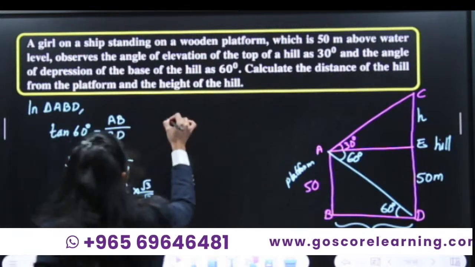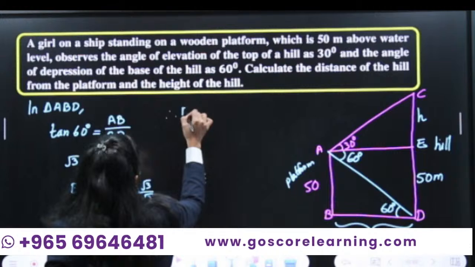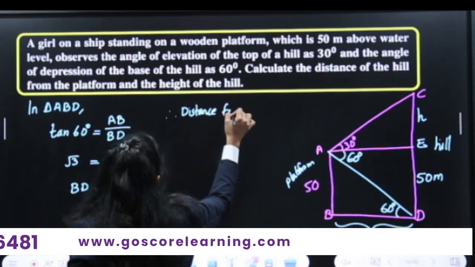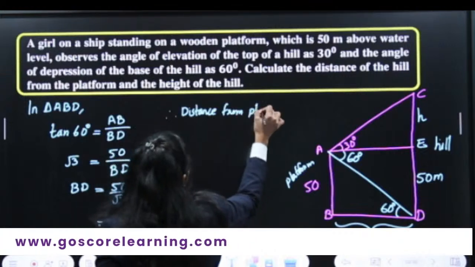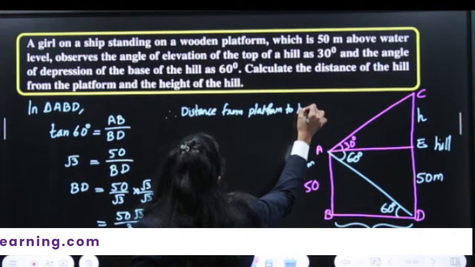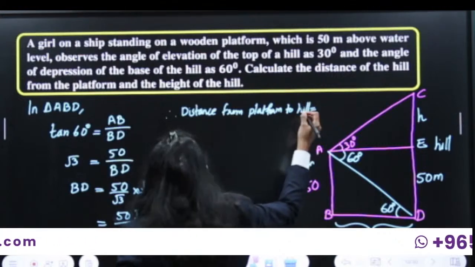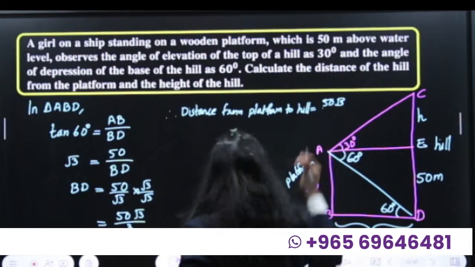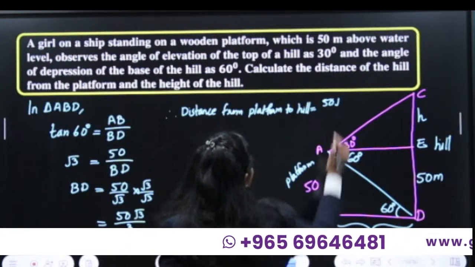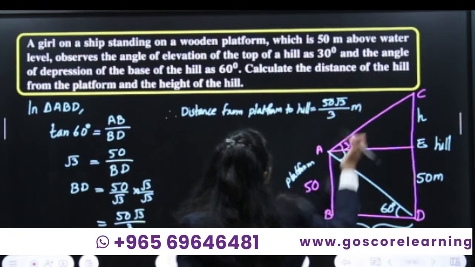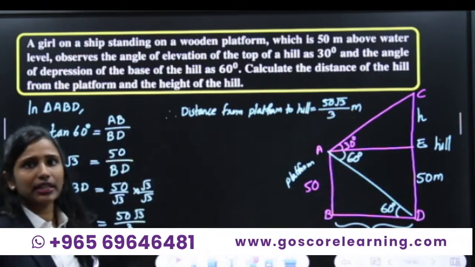So we can say, therefore, distance from platform to hill is equal to 50 root 3 divided by 3 meter. Okay, we got the first answer.